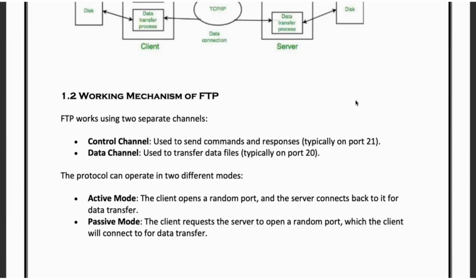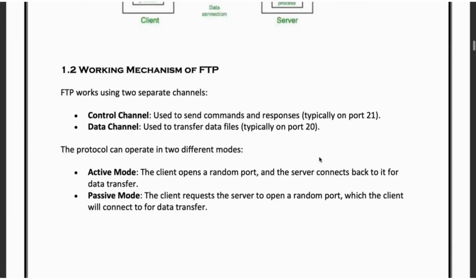So we can say that FTP runs on port number 20 as well as port number 21. Port number 20 is known as the FTP port for the data channel, and port number 21 is known as the control channel, right?